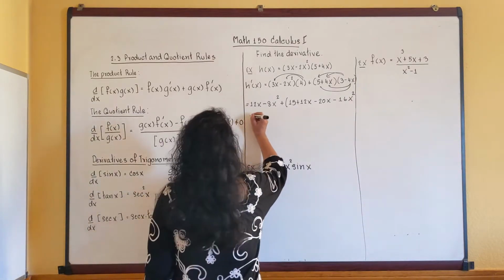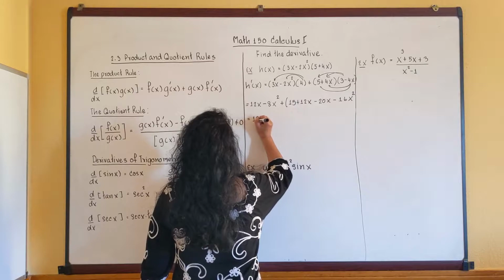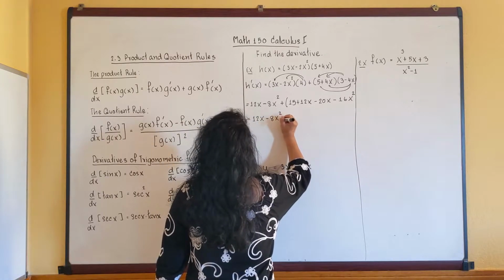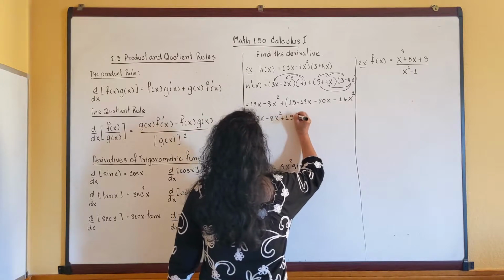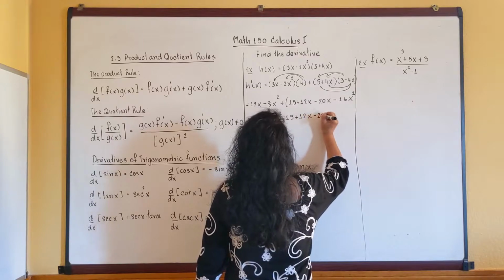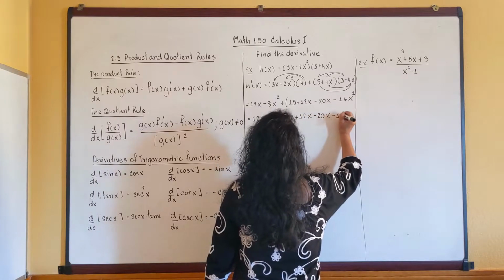Alright, so let's rewrite this. That's 12x minus 8x squared plus 15 plus 12x minus 20x minus 16x squared.